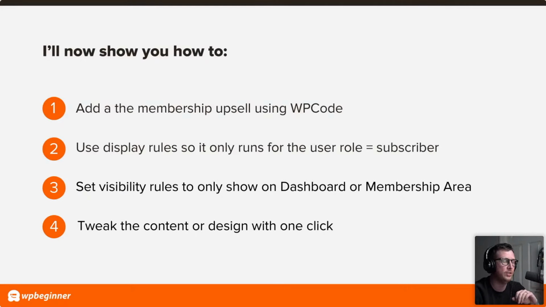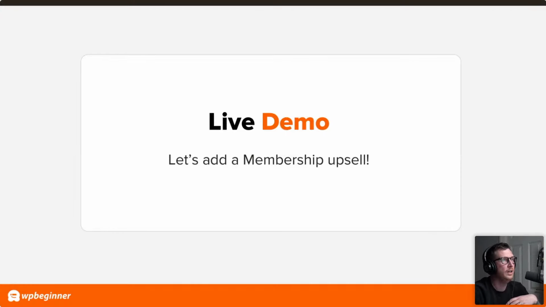We're using conditional logic. And then you can set visibility rules to only show on the dashboard or in the membership area using the insert rule. And then you can tweak the content and design with one click as well. So let's jump into our website.